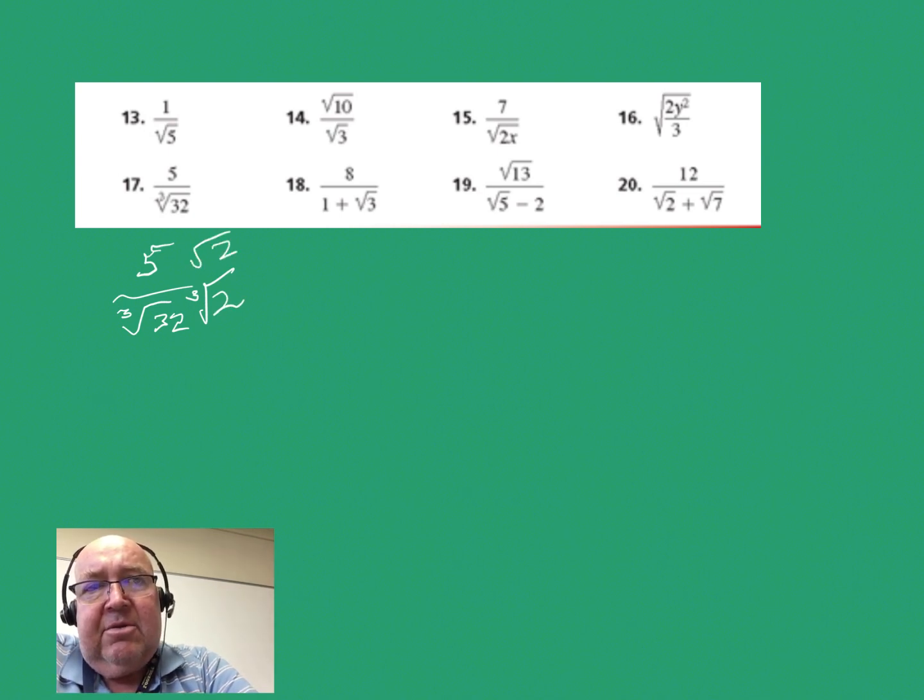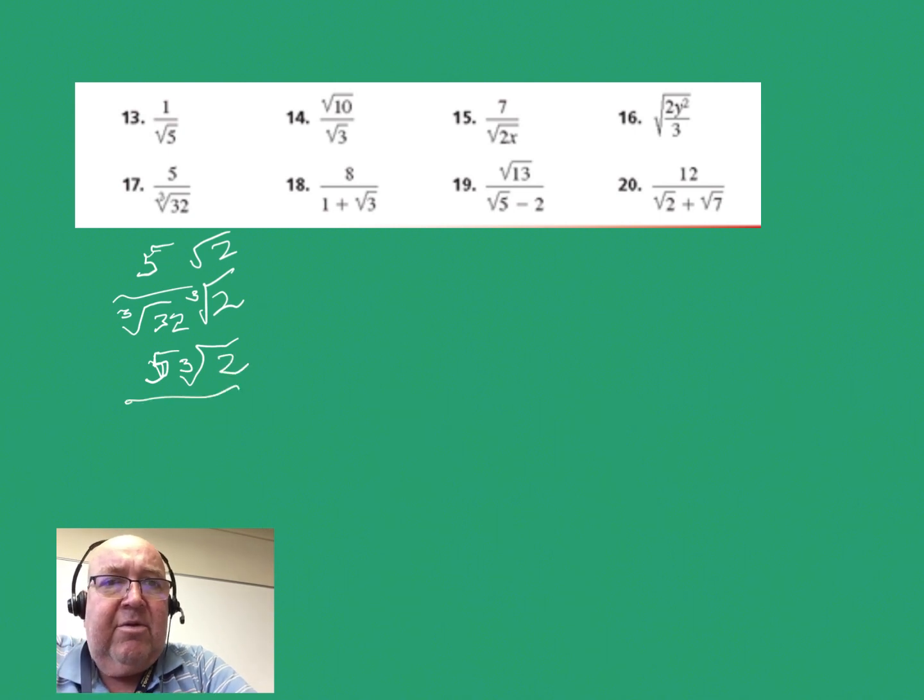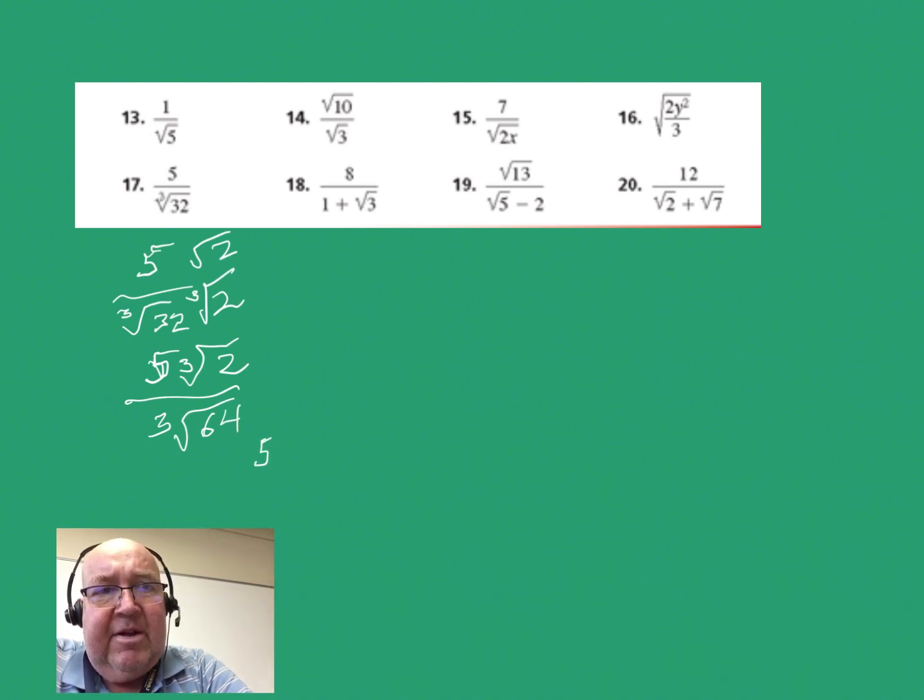And I'm going to go down here. We're going to have 5 cubed root 2 over the cubed root of 64, and we're going to get 5 cubed root 2 over 4.